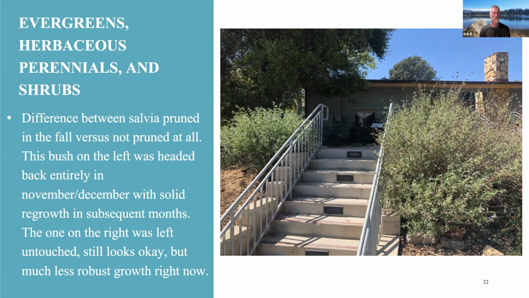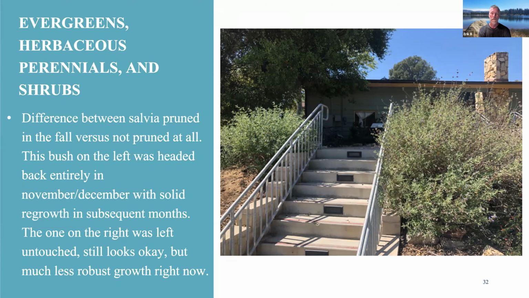Evergreens, herbaceous perennials, and shrubs. Difference. Okay, so here we have two Salvia clevelandii, same plant, either side of the stairs as you enter Theodore Payne. On the right, that one was untouched last year.